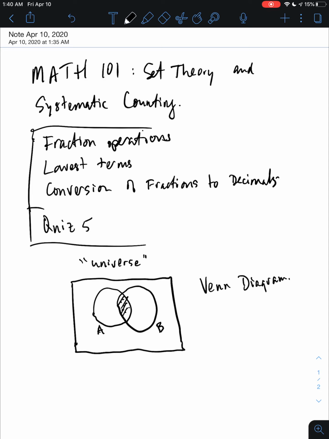So the overlap of two sets is called the intersection, and it is represented by this cap symbol. It's sort of like a cap, and so it's called cap, or just intersection. And that is the shaded area of the diagram above. That's everything that's in both A and B.